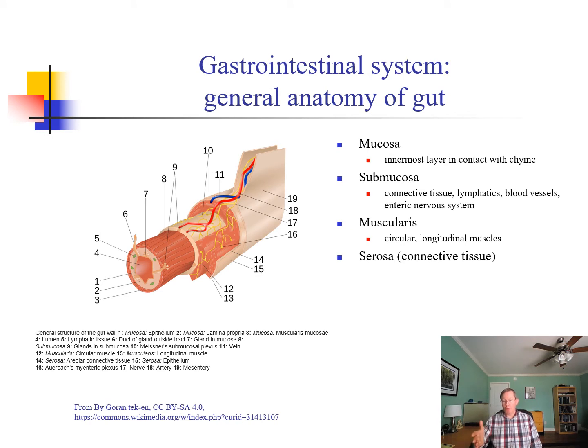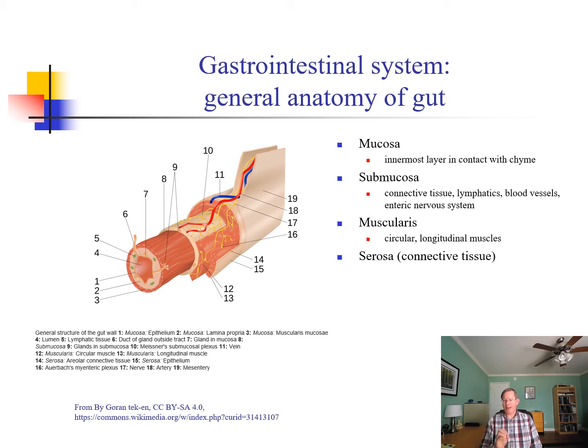Now, as I mentioned to you, one of the critical things about the gut is that you have to be able to move things from one location to another in a particular way. And so really, when you talk about the oral cavity and the upper third of the esophagus, those are comprised of skeletal muscles. I can move my tongue, I can move my mouth, I can actually deal with conscious movements in the back of my throat as well as in the upper portions of my esophagus to allow me to control this.